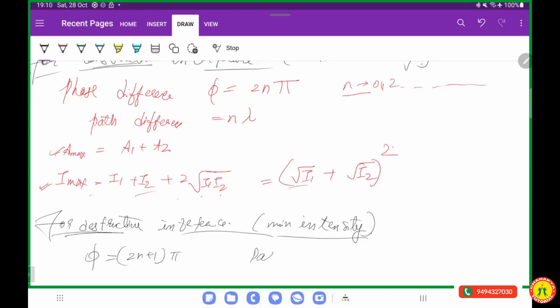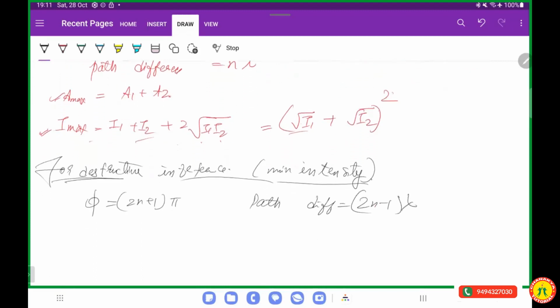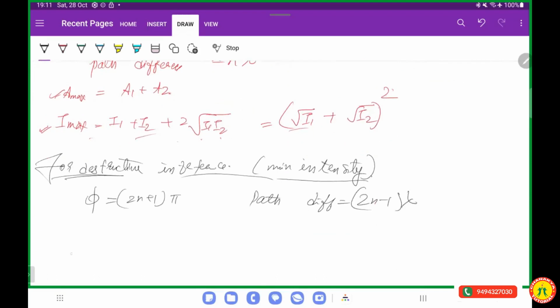Then the path difference will be (2n minus 1) lambda by 2. So minimum amplitude is A1 minus A2, and I max and I minimum.